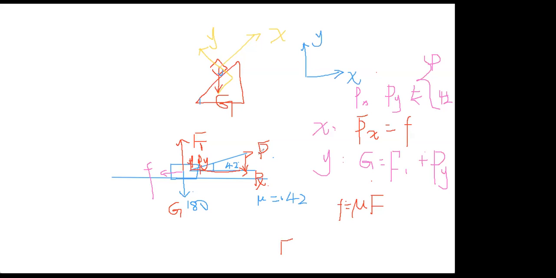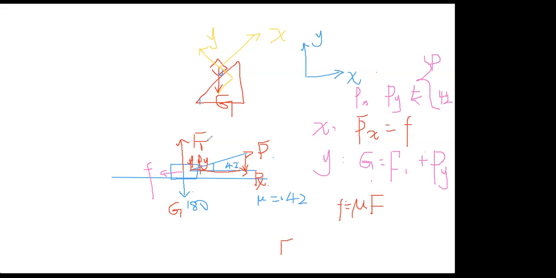Here Py is not something that generates friction, so Py has nothing to do with any friction between the box and the floor. But shouldn't it though, because it's lifting the box slightly off the ground so that there will be less friction?